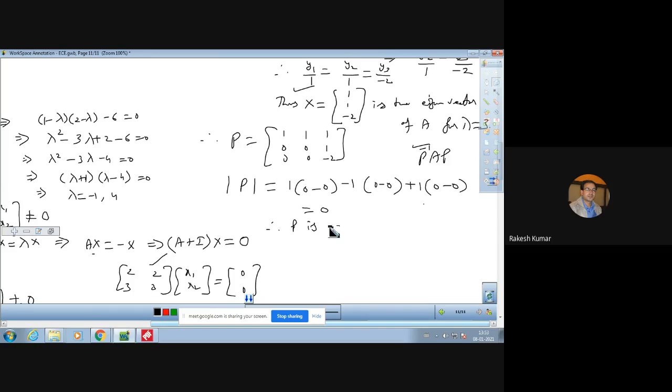Therefore P is a singular matrix, and if a matrix is singular, P inverse does not exist. So P inverse does not exist, and then P inverse AP also will not exist.